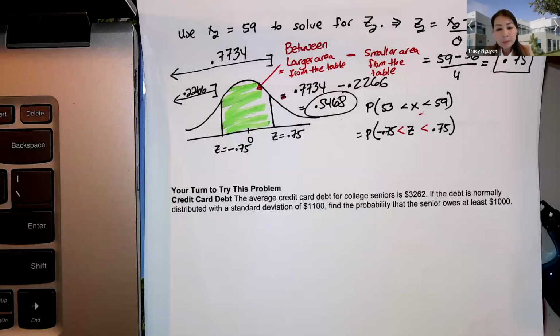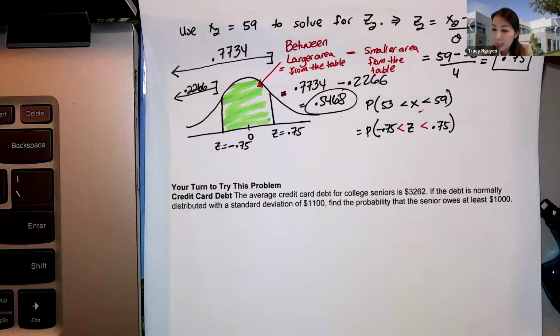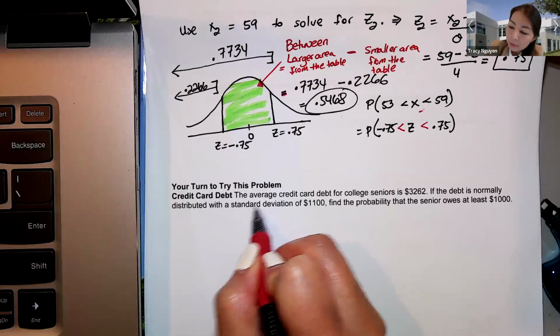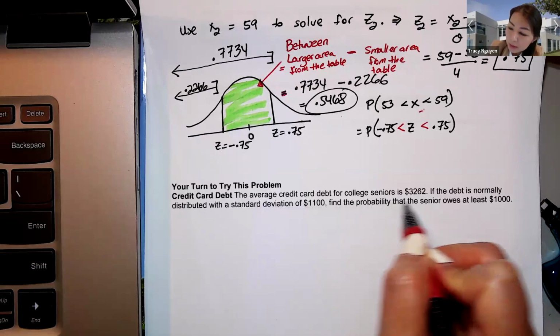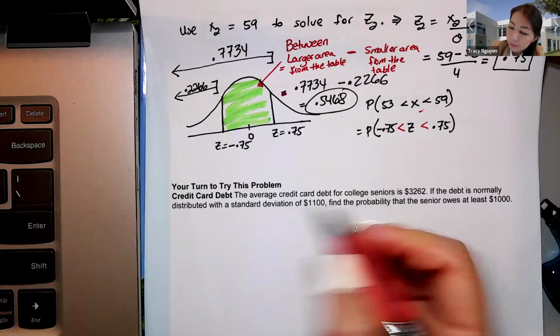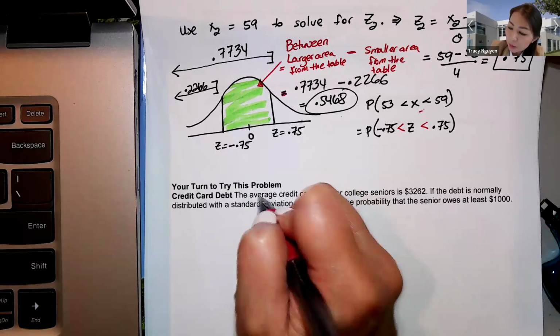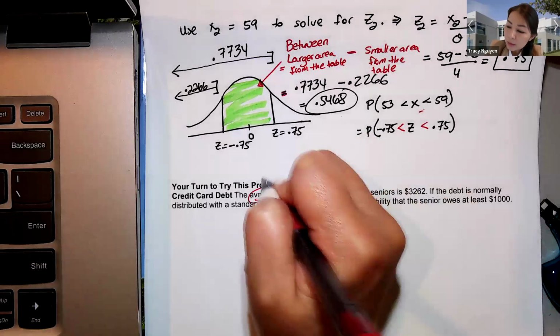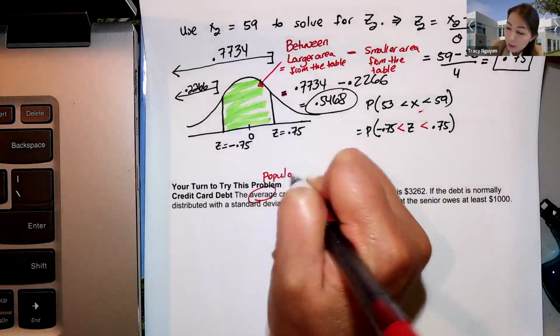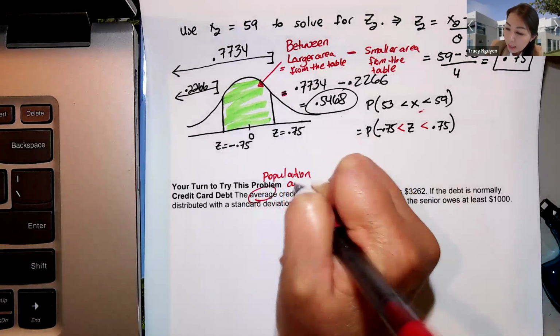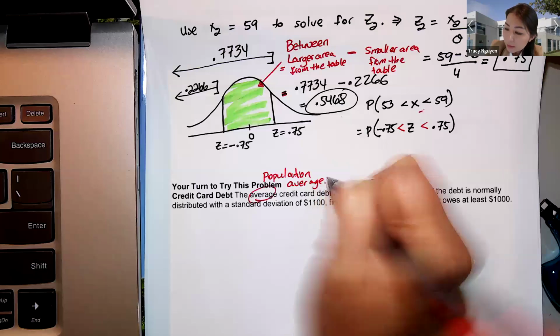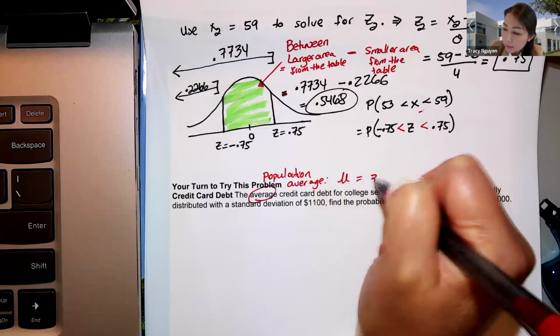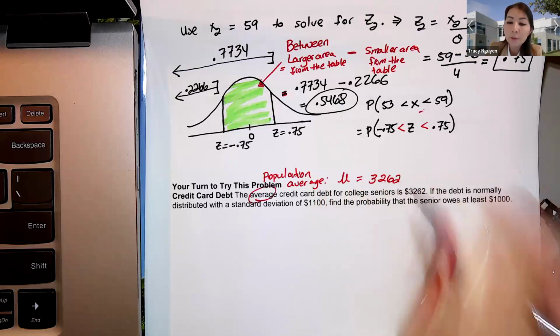All right. Similarly, with this problem, I have a your-turn-to-practice problem here. The average credit card debt for college seniors is $3,262. We see the keyword average, so this is our population average, which tells us mu equals 3,262.